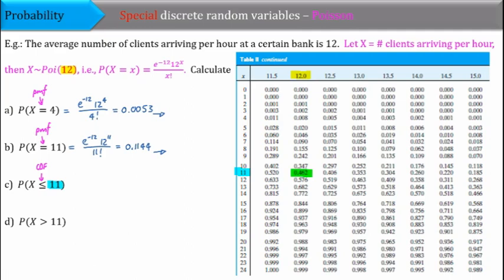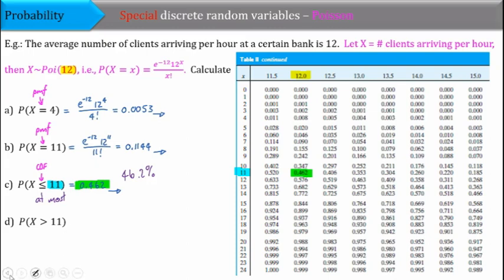And then we check to see where the row and the column intersect, and that will give us a probability of 0.462. So that means there's a 46.2% chance of getting at most 11 people in an hour. Okay, so almost a 50% chance of getting at most 11 people in an hour.